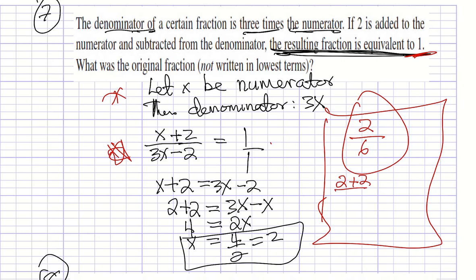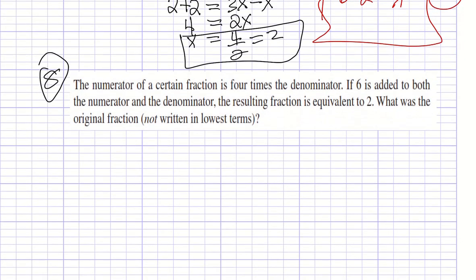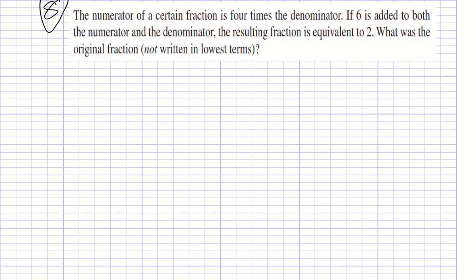Because you see the equivalence is here. That's where the equivalence is. 2 plus 2, and then 3x is 6 minus 2. What is that? That's 4 over 4. And that equals 1. Yeah, it's equivalent, right? So, but anyway, that's what they want. We'll move on, leave it alone.